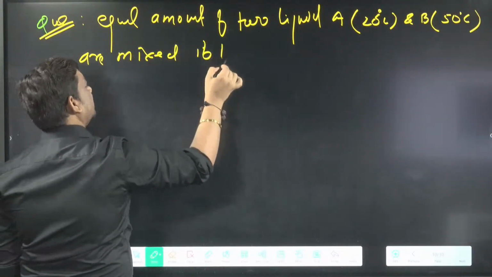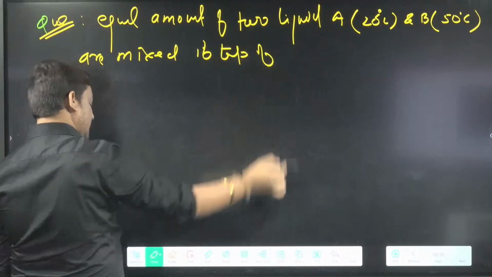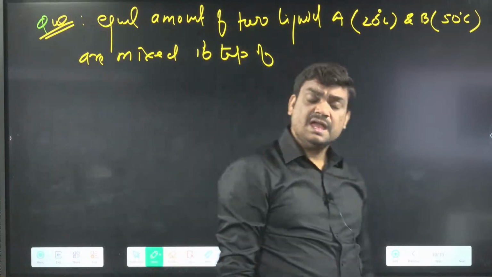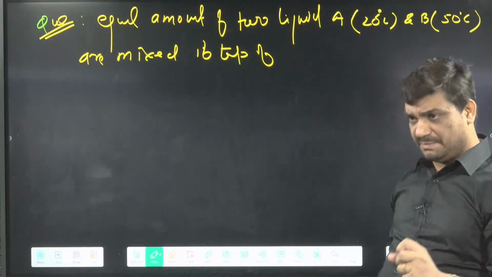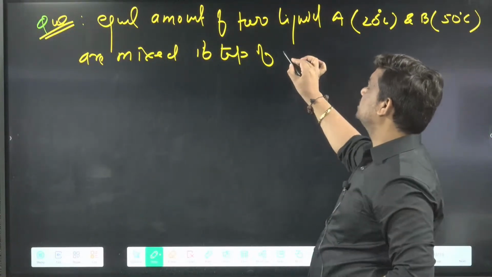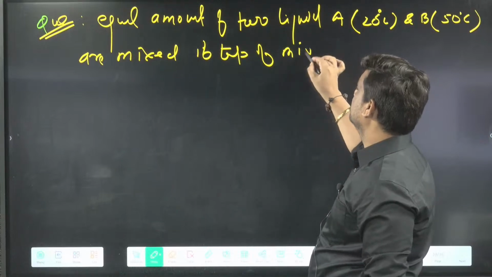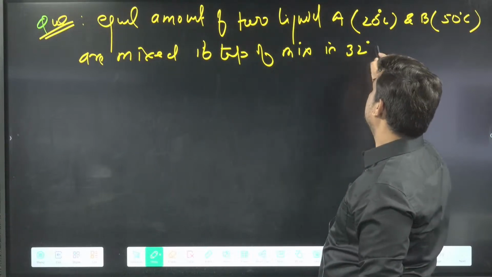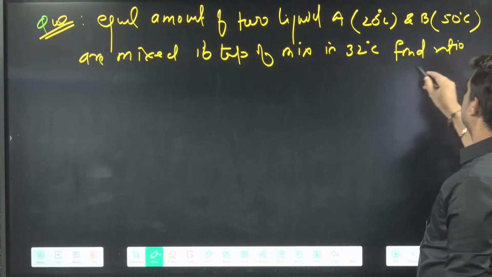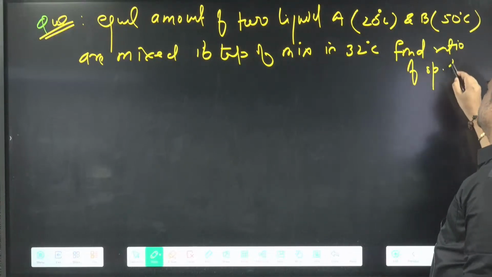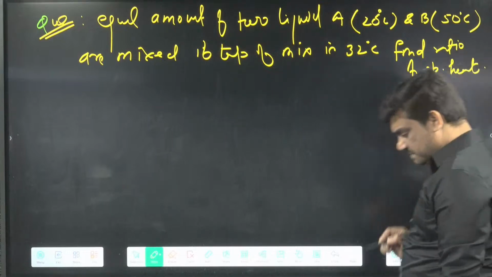Sometimes they will ask the temperature of the mixture and sometimes they will give you the temperature of the mixture. Like in this question, I am giving the temperature of the mixture. If the temperature of the mixture is 32 degrees Celsius, find the ratio of specific heat.